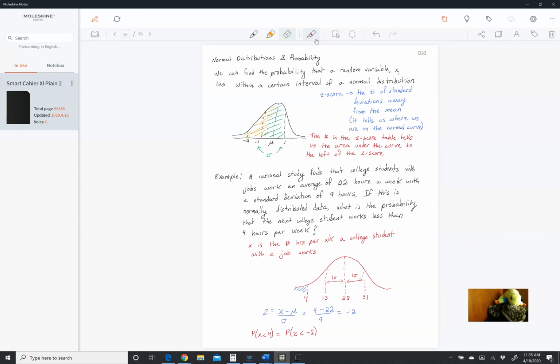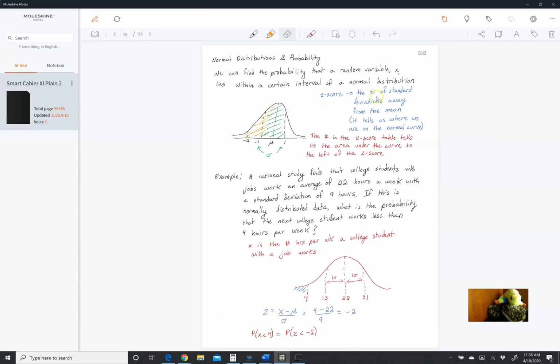That's the same exact thing, because this is the z-score for x. The probability that x is less than 4 being equal to this probability is only true in this particular data set, right? In another data set where the average is, let's say, 100 and the standard deviation is 6, this would not be true, okay?